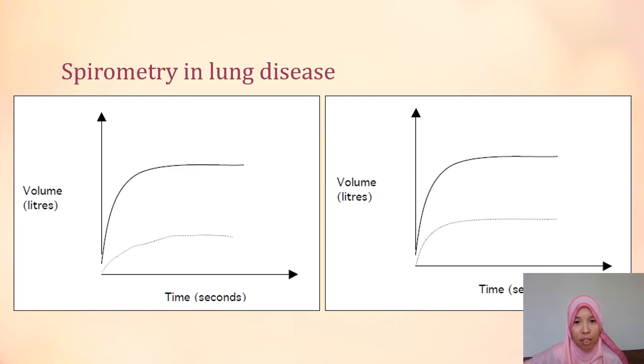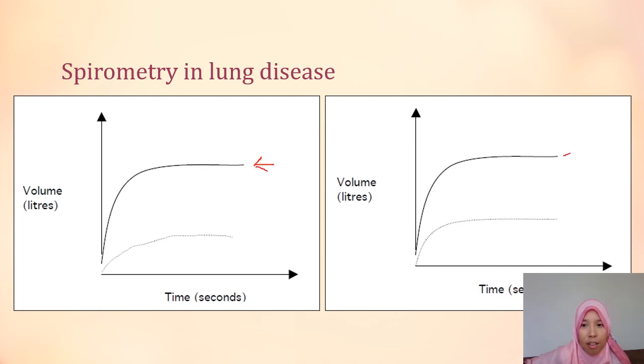One of these graphs is showing restrictive, and one is a graph of lung with obstructive disease. If you can guess which graph is showing which, I hope you can. I'm going to tell you that this curve here is a normal curve.